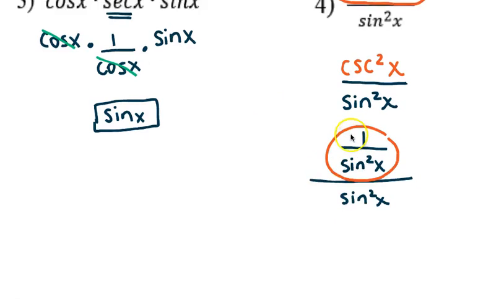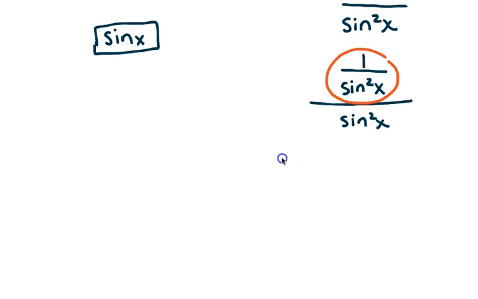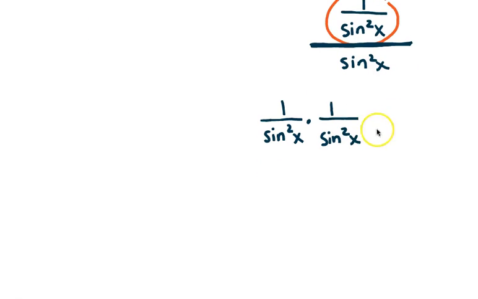Now it's a matter of simplifying. So I'm going to copy the top, change the division right here to multiplication, and multiply by the reciprocal of the denominator. So I'm going to multiply by 1 over sine squared x.